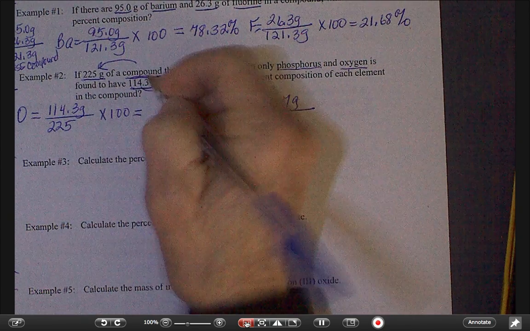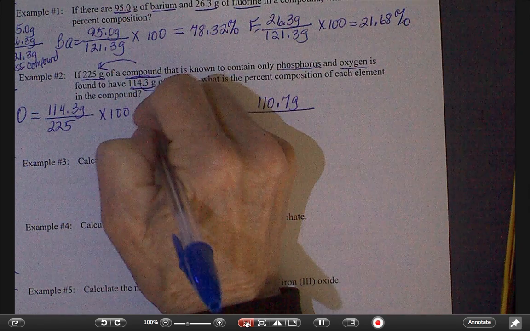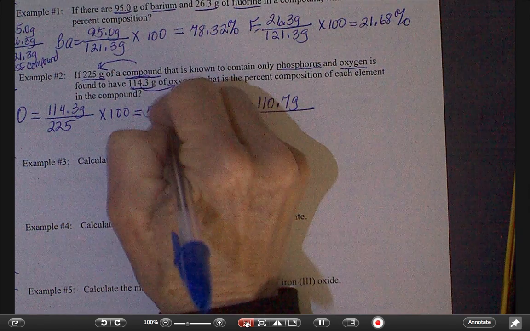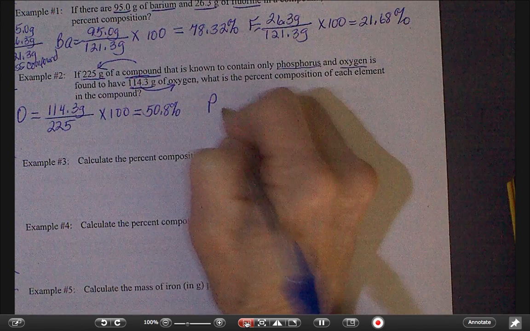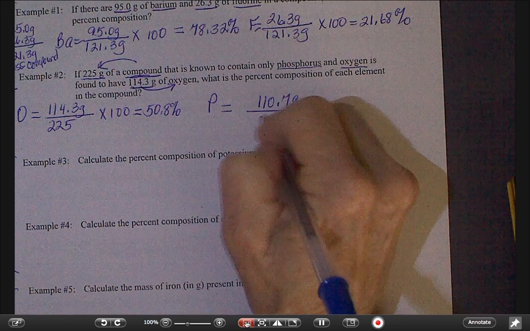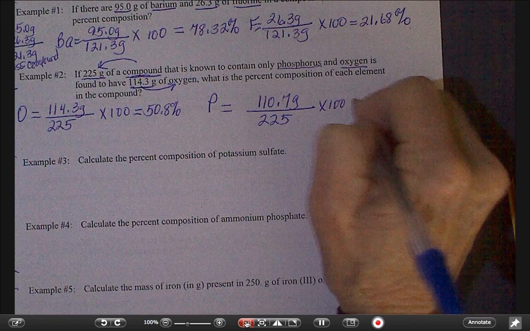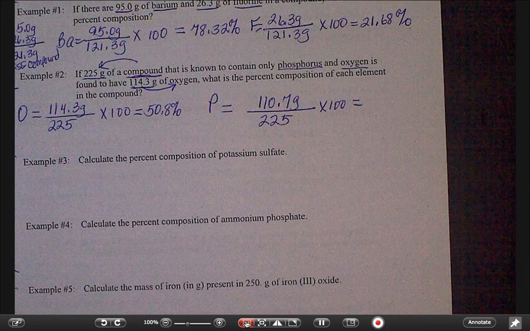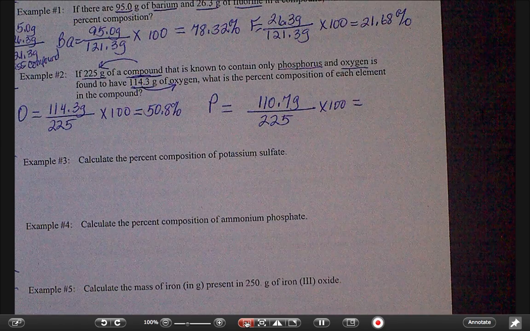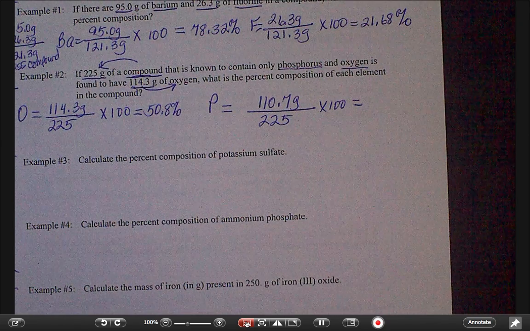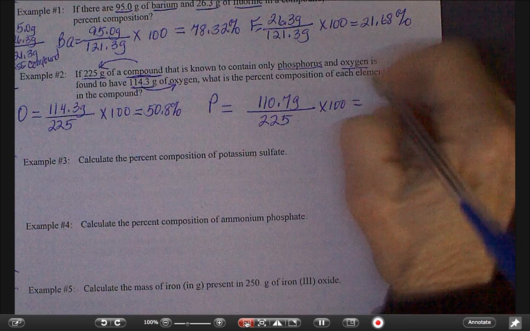Yes, and y'all are right. So 50.8, is that the calculator answer? Yes. Okay, and so the phosphorus, what'd y'all get? 49.2. Is that the calculator answer?